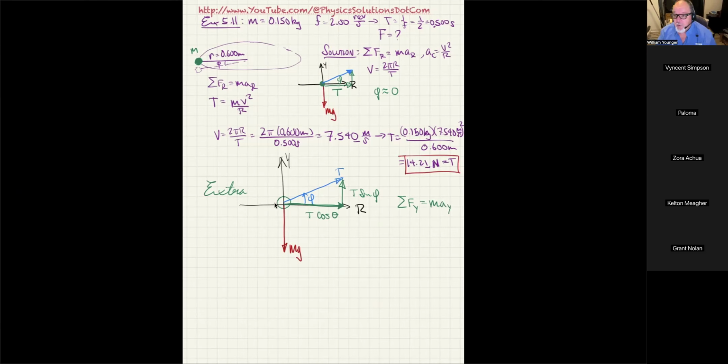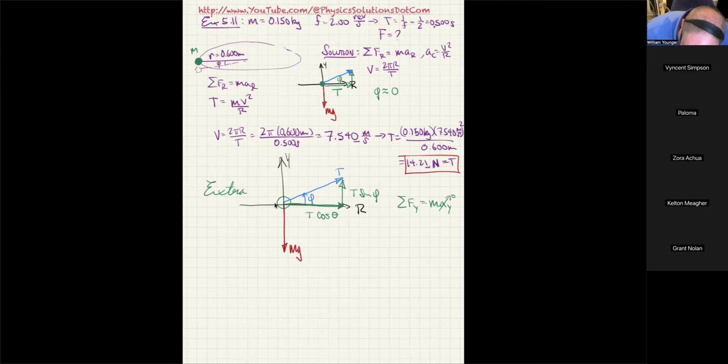And in this scenario, we're just imagining that the string is constantly tilted at that angle phi so that the mass goes around in such a way and never changes its y coordinate. Just like when we were trying to determine the normal force, the y coordinate didn't change there, so we said the acceleration in the y direction was 0. We're going to do the same thing here.